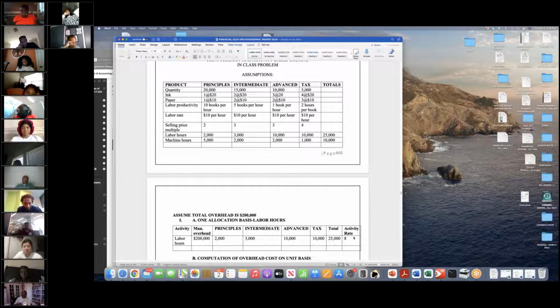Does anybody have a question about that 8 activity rate? And of course, that 8 becomes a POR in this situation in terms of making the journal entry.